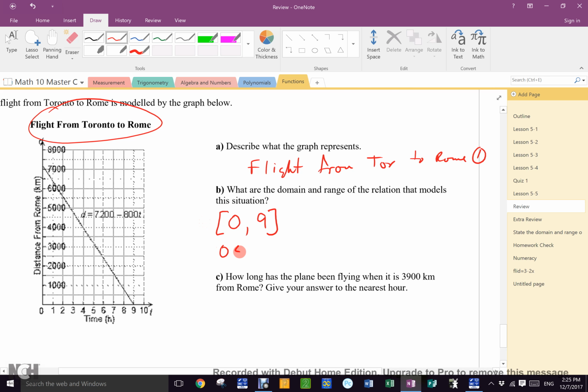Could I do this one? H9. Is that one okay? Yes. What's the range? It's tricky. Jack. 7100. What number goes first, Jack? 0 up to what?